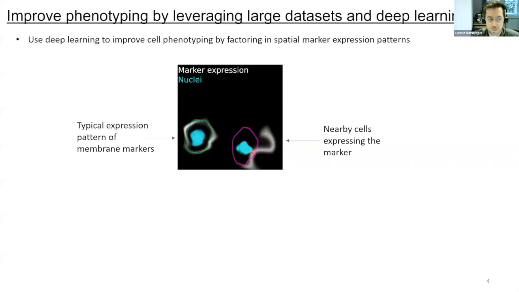It's probably from a nearby cell or there is some other reason why the marker is here. Visually, you clearly see that there's a difference, and hopefully deep learning does not have any problems discerning these two. But when you just average the expression levels for the segments, you end up with the same expression levels for these two cells.